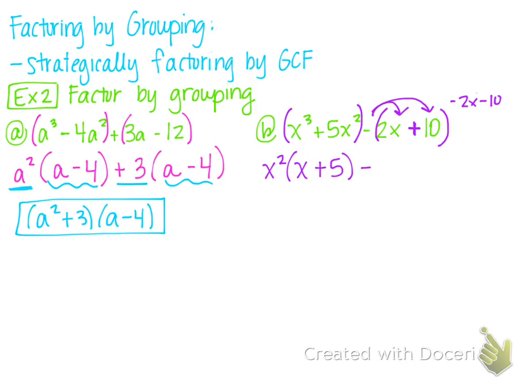So they have a GCF of 2. 2x divided by 2 is x, and 10 divided by 2 is 5. And see, if we hadn't changed that sign, we wouldn't have gotten this. So now we have what we needed. We want those two to be the same. Now we can write our terms. Our two terms are x squared minus 2, then x plus 5.